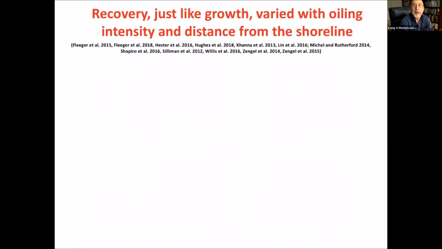The degree of recovery, just like initial impact, however, varied with oiling intensity and distance from the shoreline. So certainly not all shorelines recovered as fast as what I've just described.